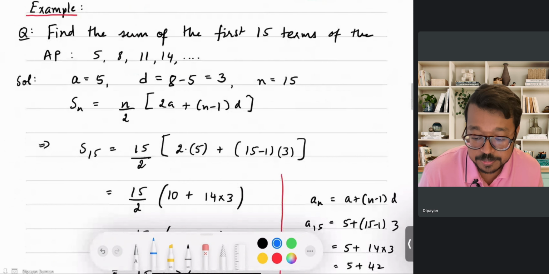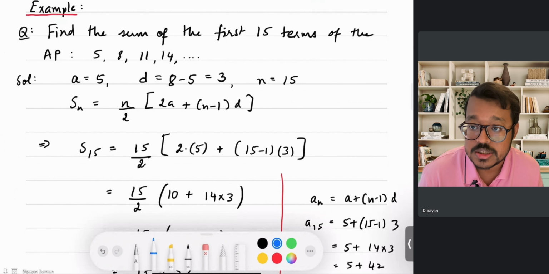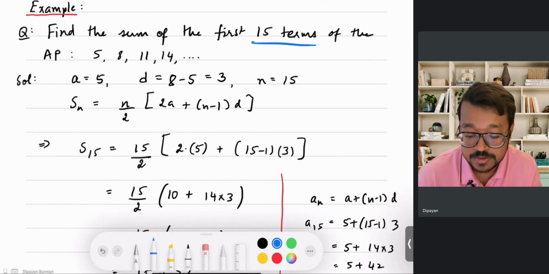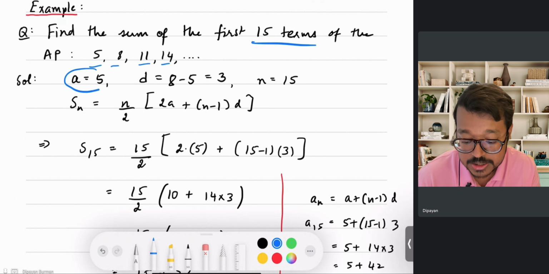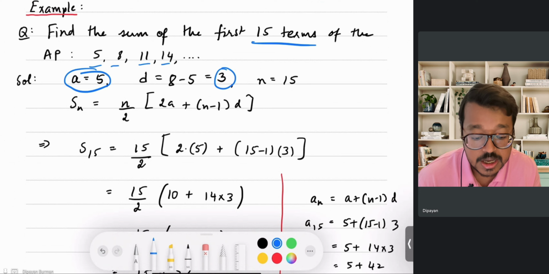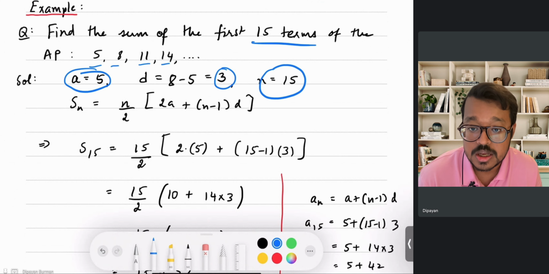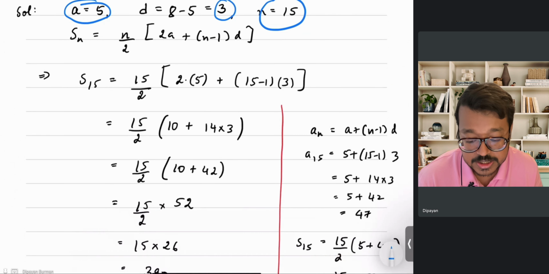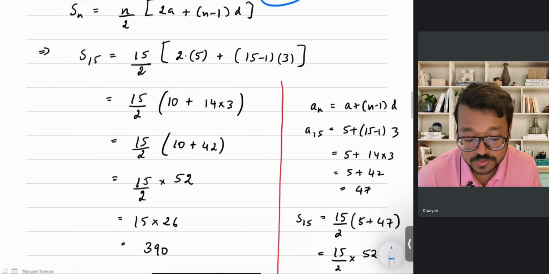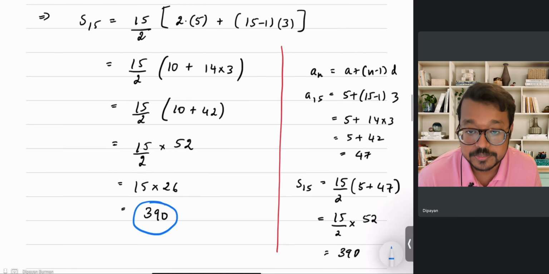As an example, let's say that the question is: find the sum of the first 15 terms of the AP 5, 8, 11, 14, and so on. Again, the first term a is 5, the common difference is 3, and the number of terms is 15. Then I plug in these values in the formula, and I will find that the sum of the 15 terms is 390.